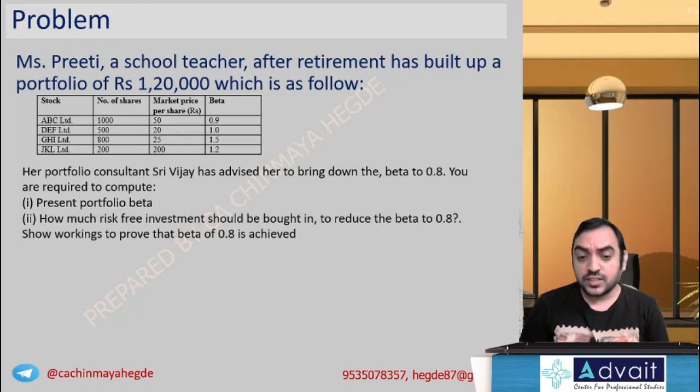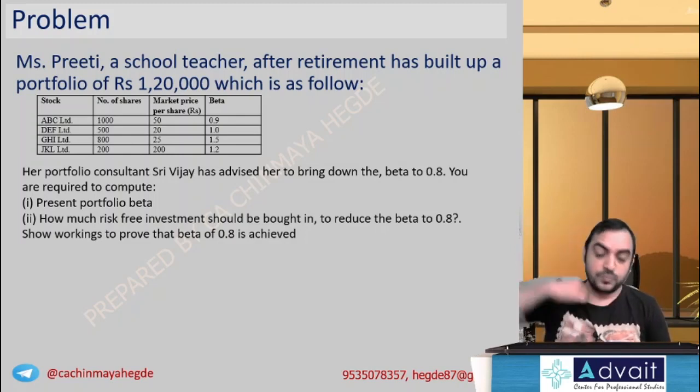Her portfolio consultant Sri Vijay has advised her to bring down the beta to 0.8. You are required to compute the present portfolio beta. How much risk-free investment should be brought in to reduce the beta to 0.8? Show the workings to prove that beta of 0.8 is achieved.